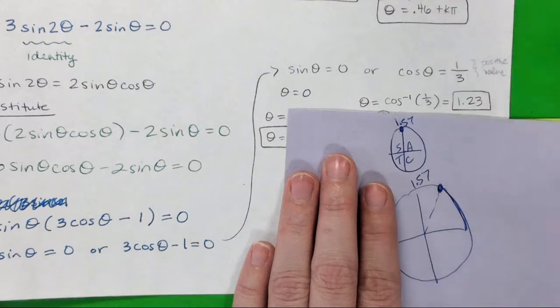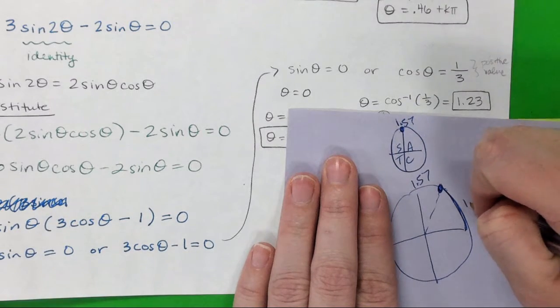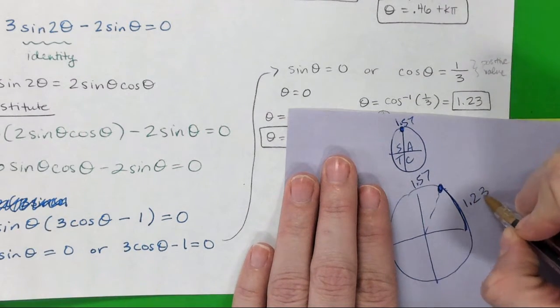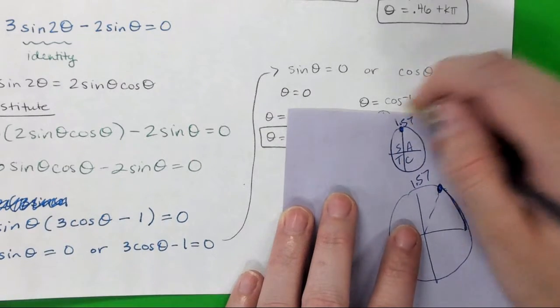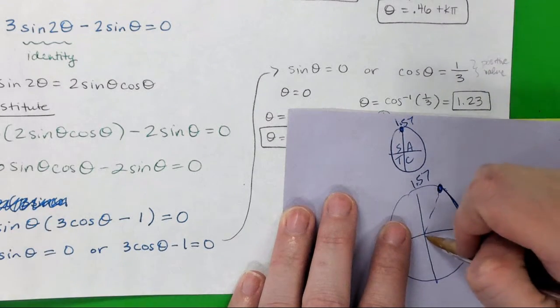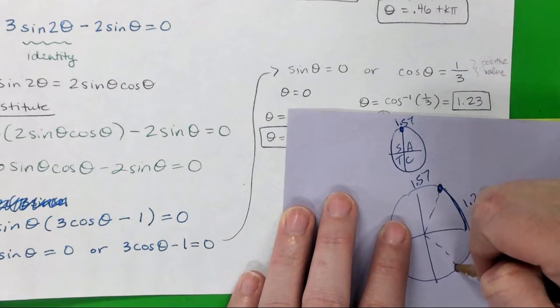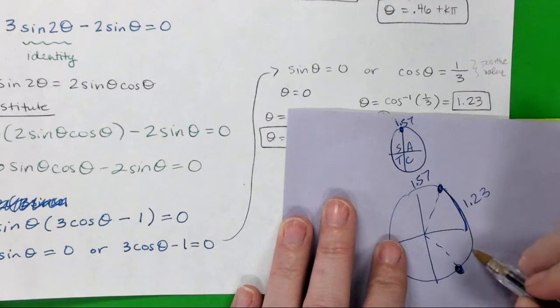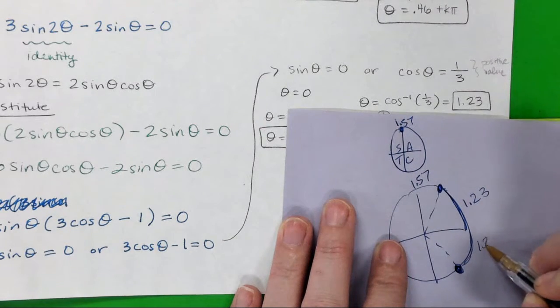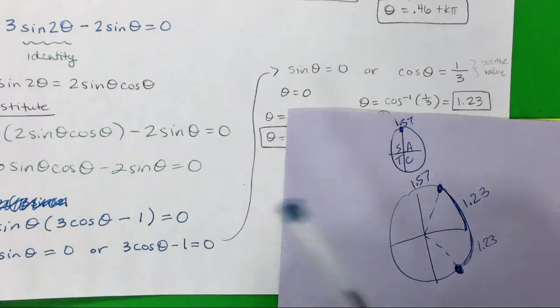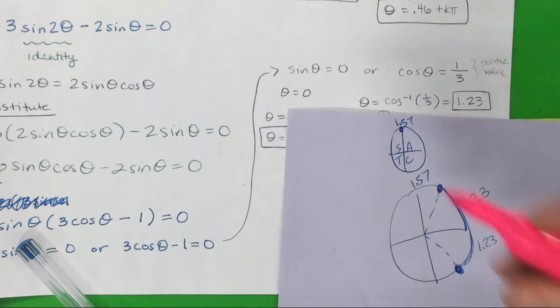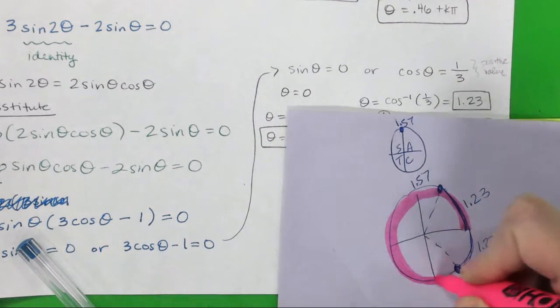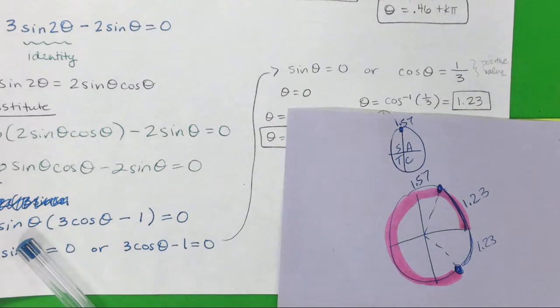So I know if this value here is 1.23 and it is positive, 1/3 is positive, the other place where cosine is positive is going to be in quadrant 4. I know this length is also 1.23. So if I'm trying to find the angle that starts at 0 and goes to this point, how am I going to do that?